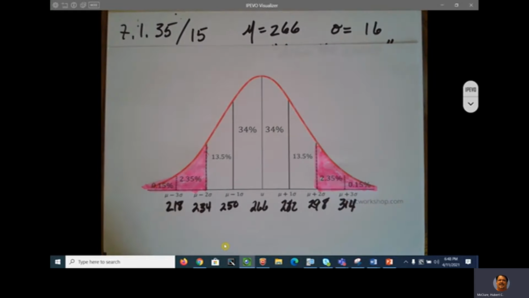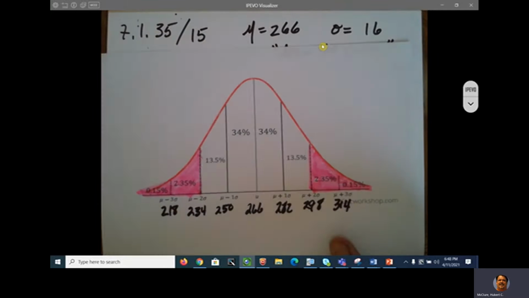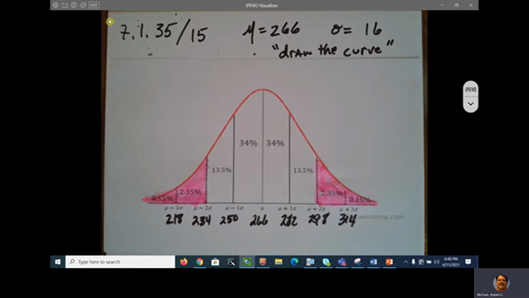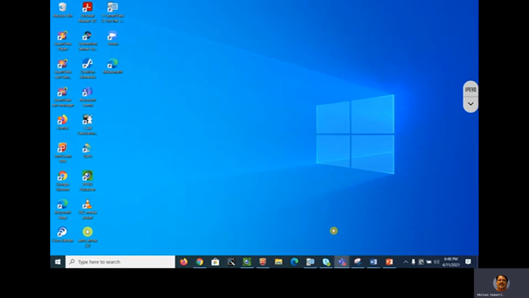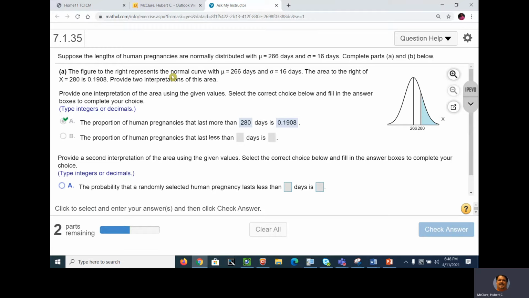Okay, now I don't know what they're going to ask, but the first sentence that says the mean is 266 and the standard deviation is 16, that tells you to what? Draw the curve. Now let's see what the second part of the question says. It says the figure to the right represents a normal curve with mu equal to blah, blah, blah. The area to the right of 280 is 0.1908.